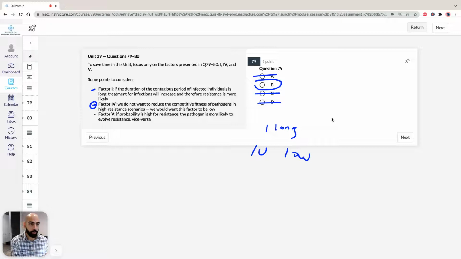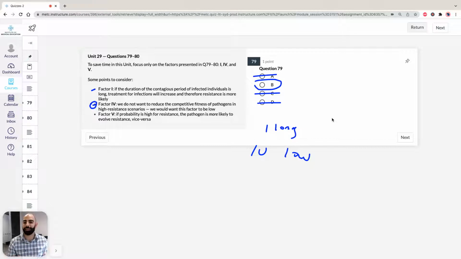However, for 4, we're saying we want to reduce the competitive fitness. If we're reducing competitive fitness, we're reducing resistance. So if we want to increase resistance, we have to keep that low. That's why 4 has to be low, because we don't want to reduce competitive fitness. We want to increase it.